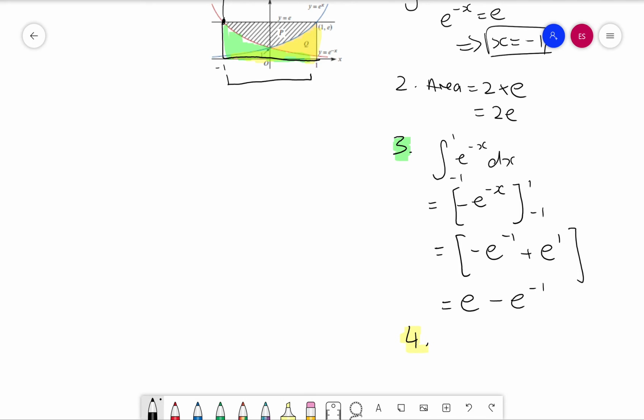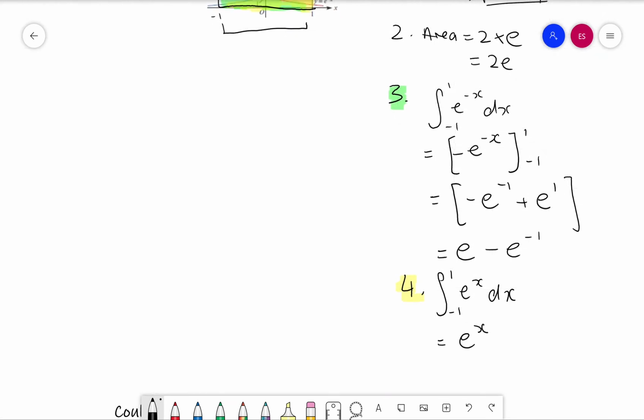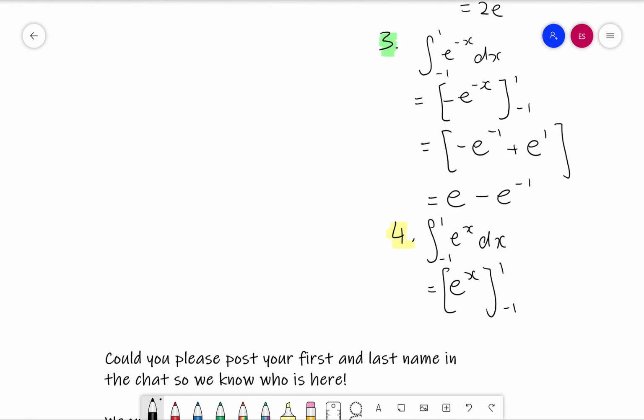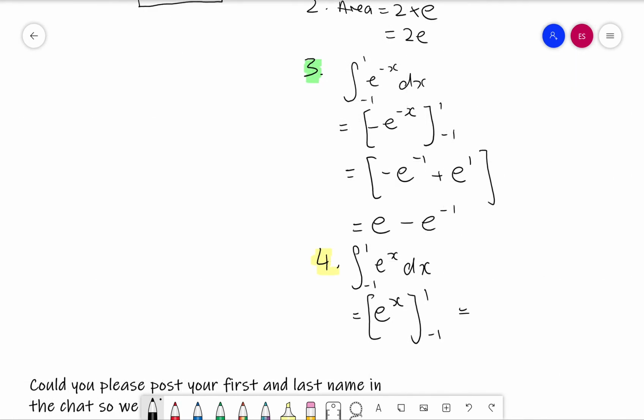So a similar sort of thing, we integrate between 1 and -1 of e to the x dx, which will just give us e to the x, and subbing in our values, we'll get e minus e to the -1. Alright. Great.